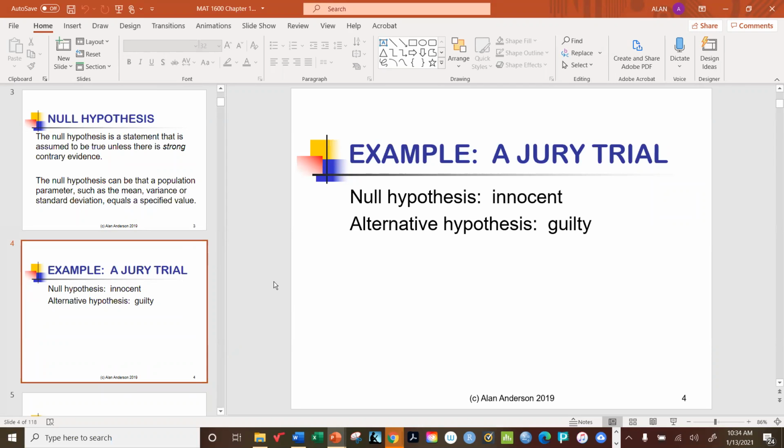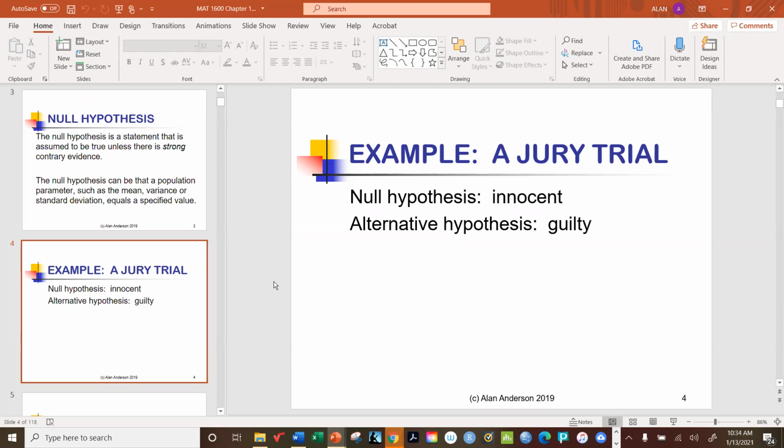Somebody who's accused of committing a crime is brought in front of the trial, and the trial is held, and the jurors have to decide if this individual is guilty or not. You're told, though, and they make it very clear to you, and I've been in this position myself, that you must assume that the defendant is innocent unless you have enough evidence to show that he's not innocent, in which case you then declare that he or she is guilty.